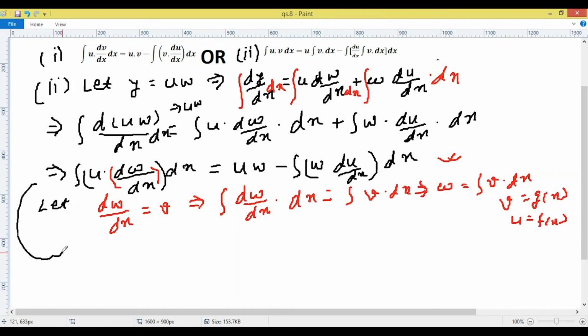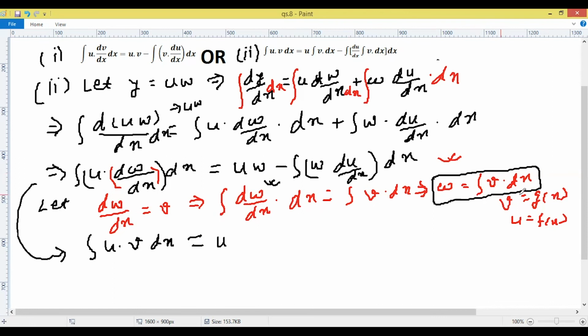After this, if you continue, you are going to have u, in place of w we have the integral of v dx. So you can see here, in place of u we have u, and in place of w, what we have got just now, you can write v dx, and there is the term minus.